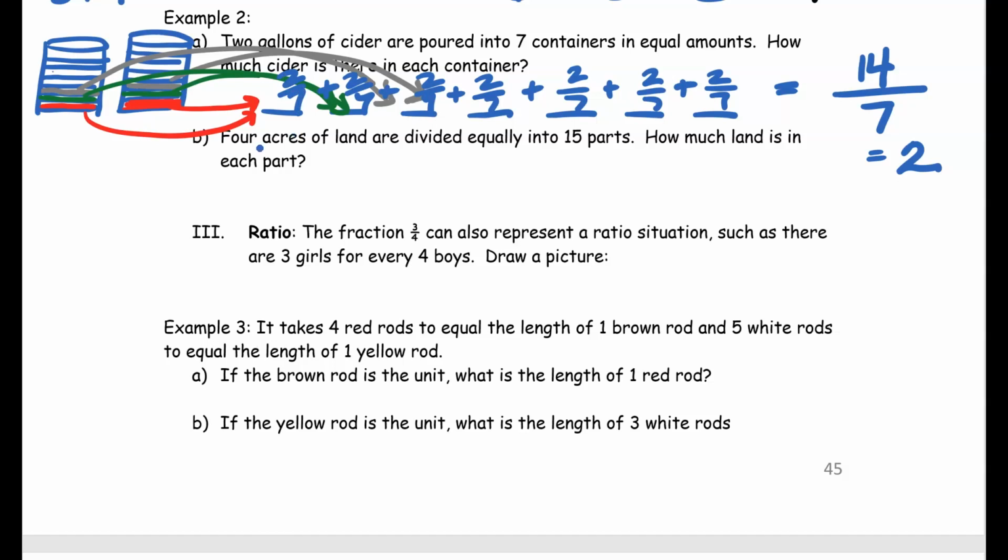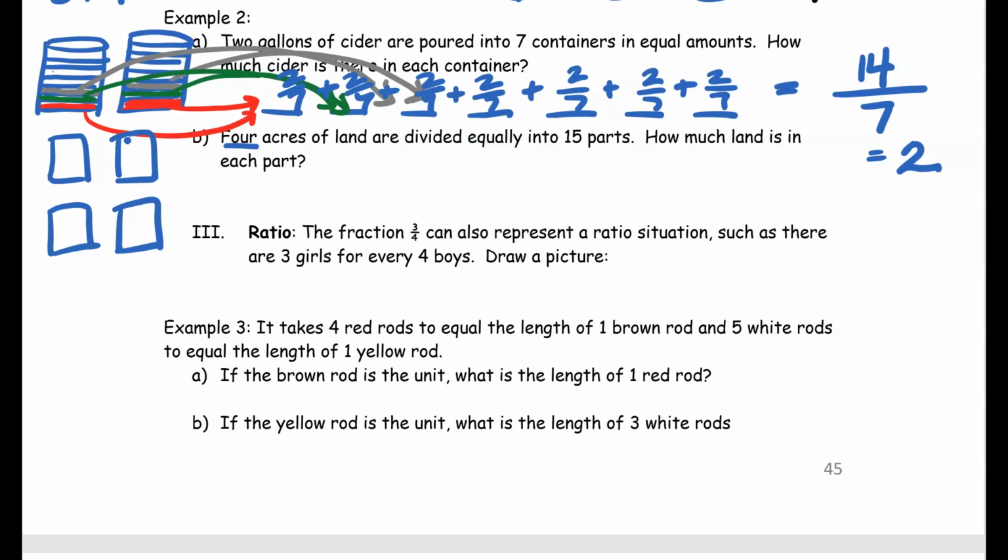4 acres of land. So instead of the 2 gallons, now imagine 4 acres here. Just draw a picture. Each one of these squares is an acre. They're divided equally into 15 parts. How much land is in each part? If we divide it up into 15 parts, then each acre is going to have to be divided into 15.